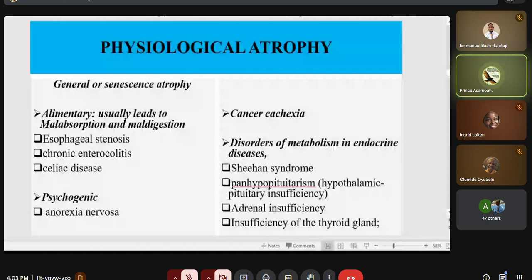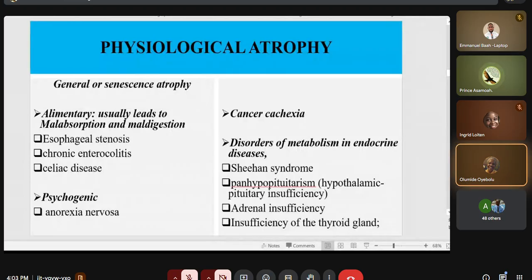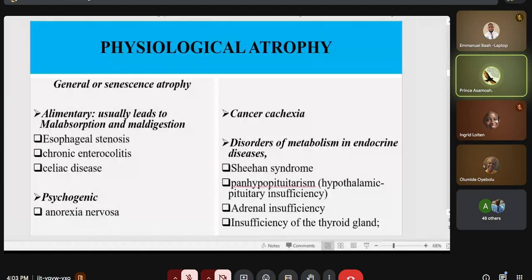Yes. So thank you. I'm back. Let me plug the laptop in first. So we are looking at atrophy, and we are saying that for atrophy we have physiological atrophy and pathological atrophy.